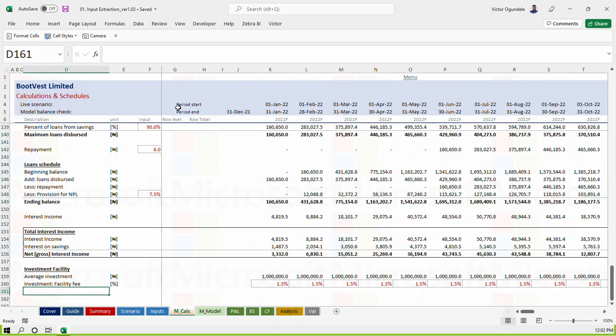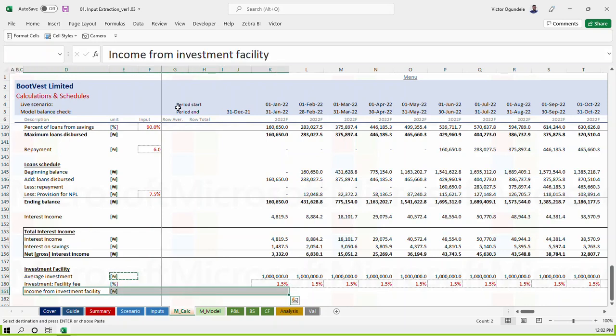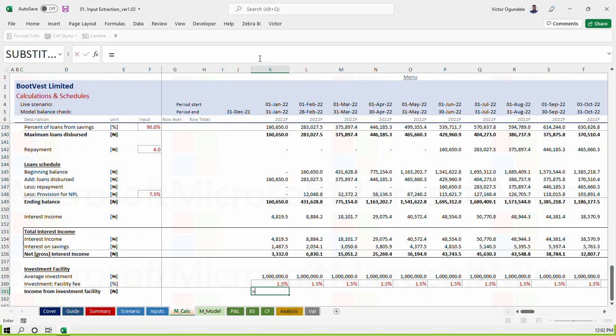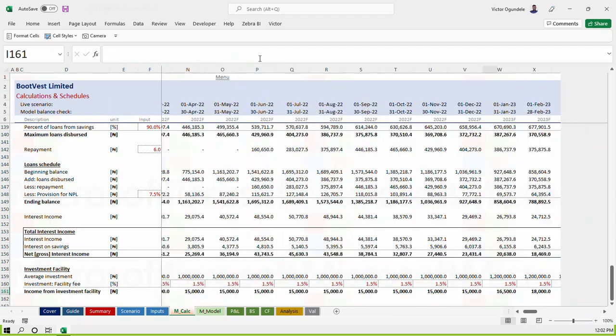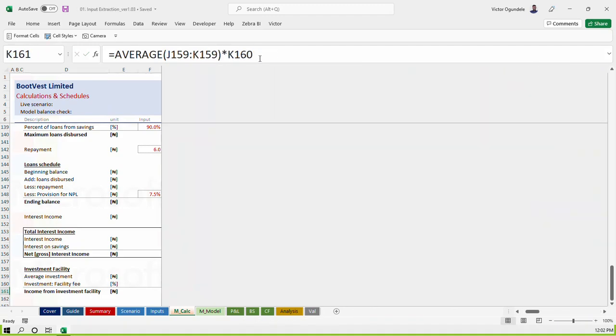Then our income from investment facility. Let's make that an average of the previous year and current year, multiplied by the rate, just to keep things simple.